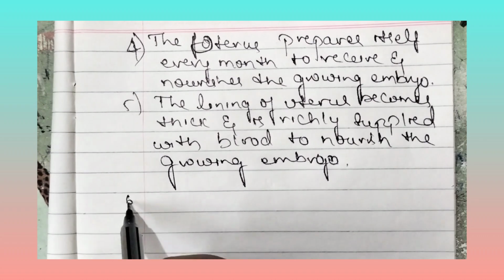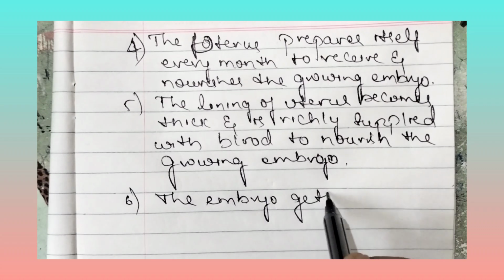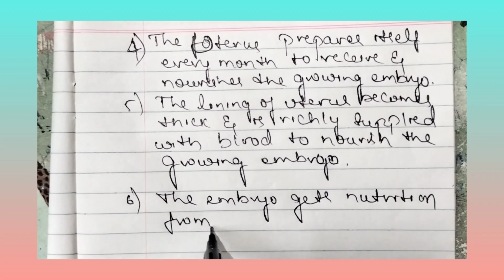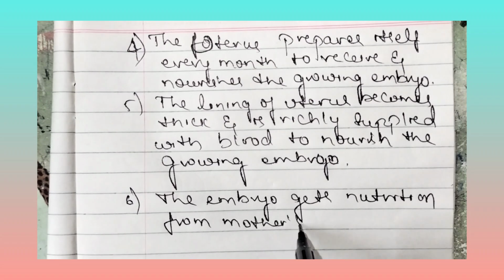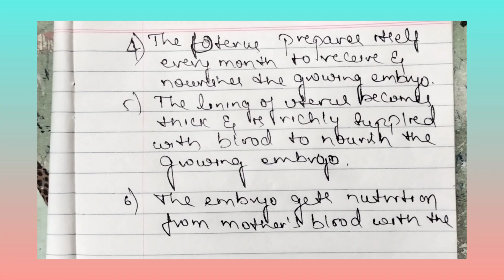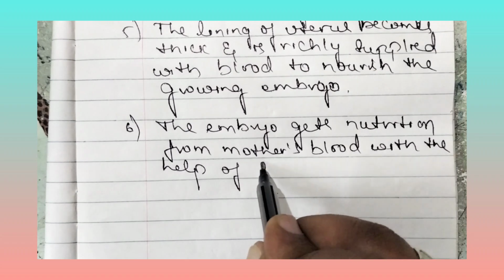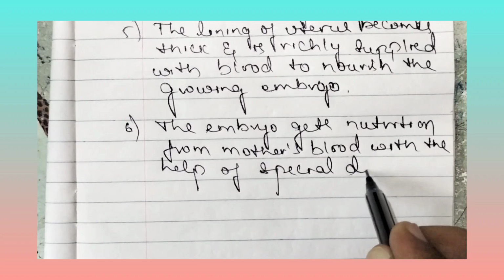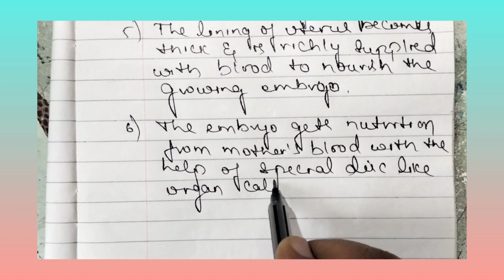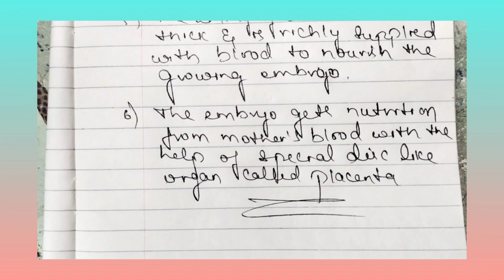So then the last point, the embryo gets nutrition from mother's blood with the help of a special disc-like organ called placenta. So this is the answer for question number 19.